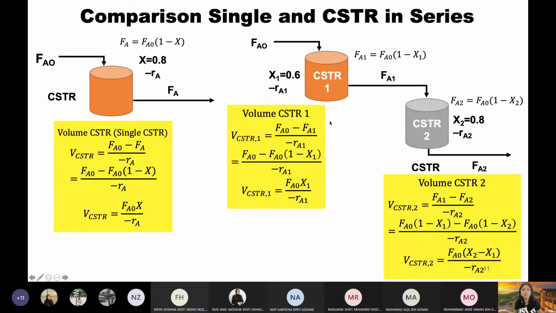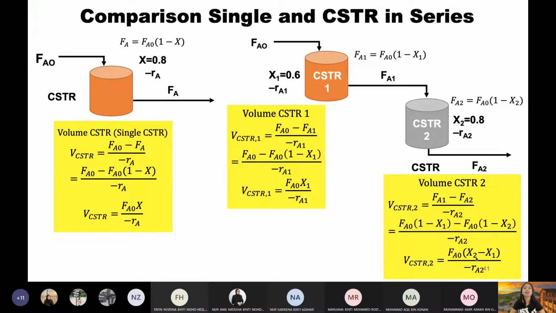Tapi minus 0 tak payah tuliskan, that's why they leave it as X1. Tapi technically it's bracket X1 minus 0 sebab dia convert daripada 0 to X1. Reaktor kedua convert daripada X1 to X2. That's why become X2 minus X1. Reaktor ketiga convert daripada X2 to X3. So X3 minus X2. Okay.